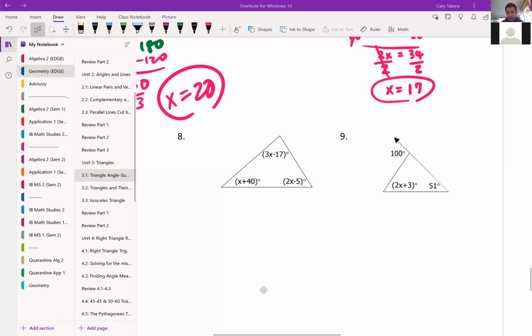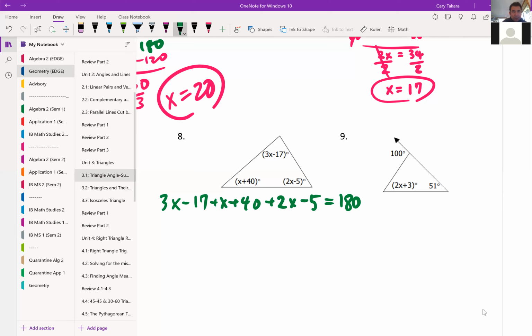Okay, let's set it up. So this one, you're going to add all of them up. 3x minus 17, x plus 40, 2x minus 5. If you add all of them up, they're going to be 180. First, let's sort out all the x's. 3x, 1x, 2x, they're all positive. So 3 plus 1 plus 2 is 6x.